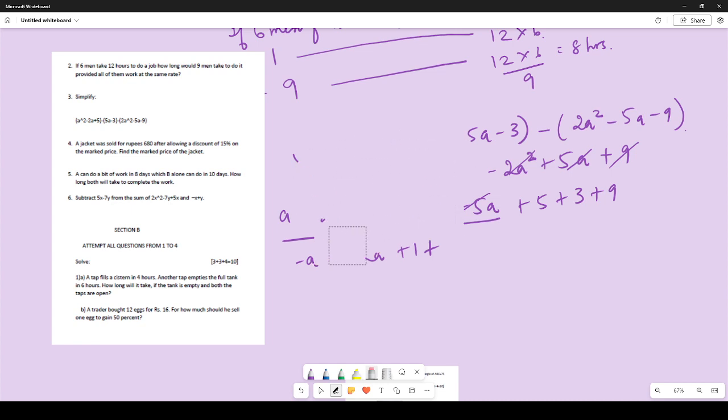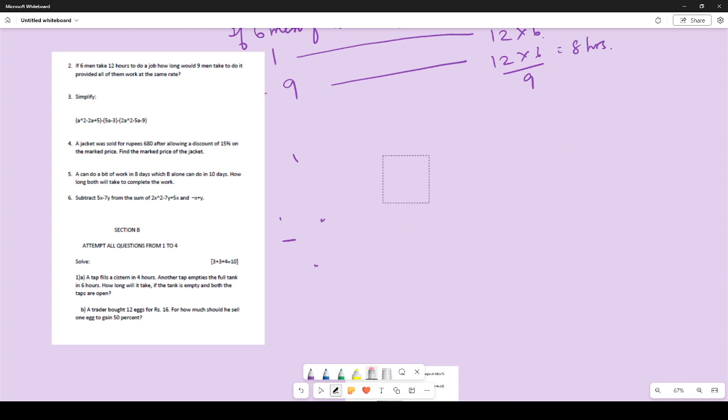A jacket was sold for 680 rupees after allowing a discount of 15%. Now remember, what I always tell you is that whenever you check out any discount, see whether one is in percent and the other is in rupees, then you need to be very careful with the calculations.